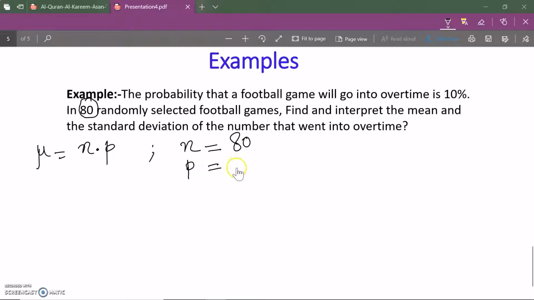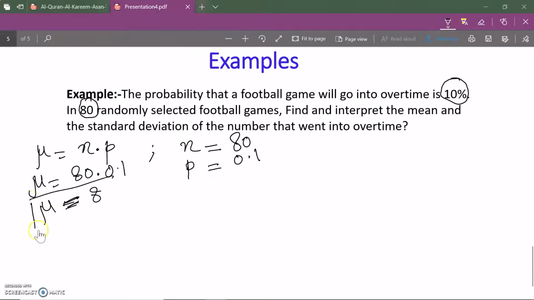What is the chance that our game will go into overtime? That is 10%. So p, the probability of success, is 0.1. Plug in the values: mu is equal to 80 times 0.1, and it's a simple calculation, it's 8. So mu comes out to be 8.